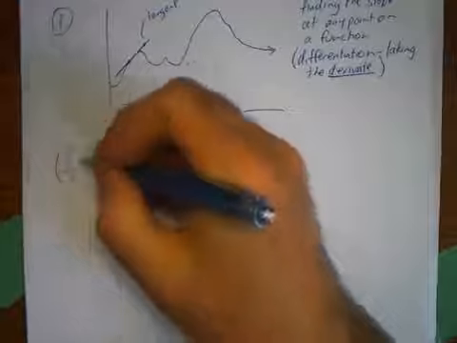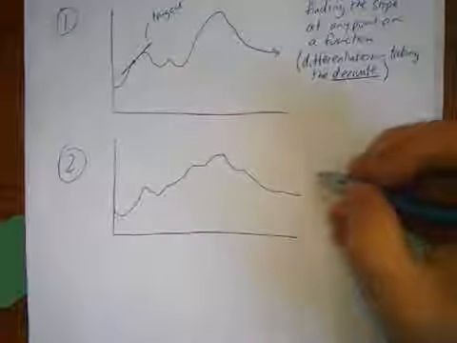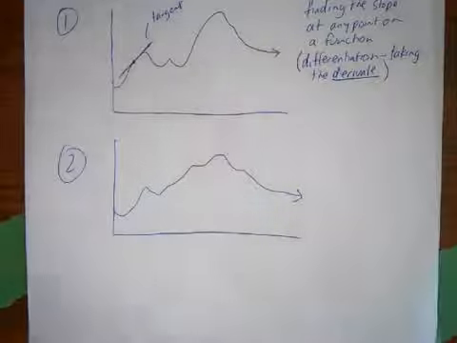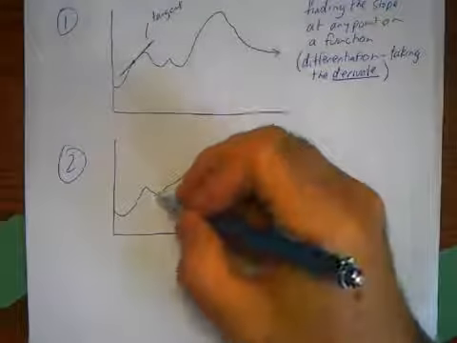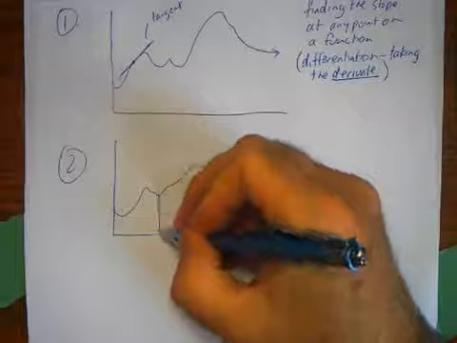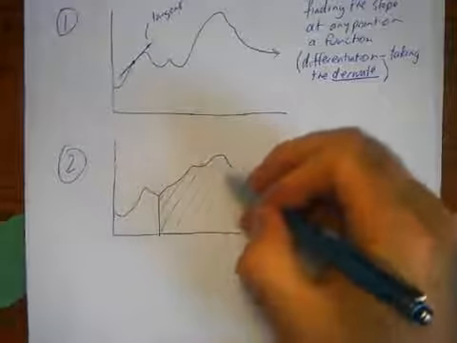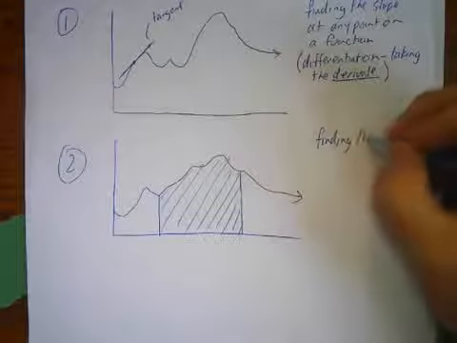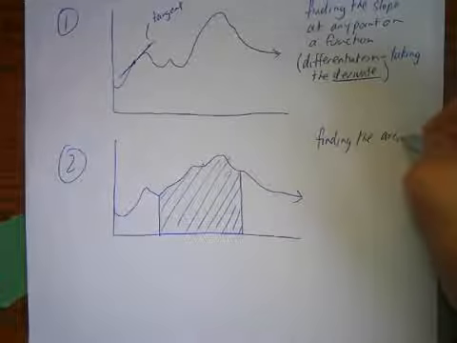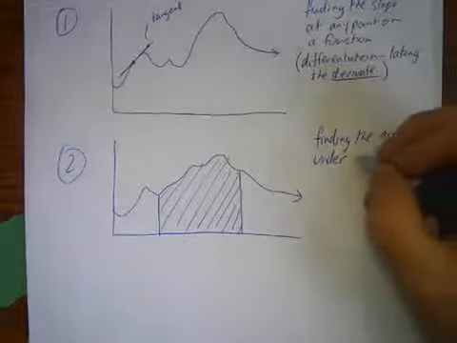The other part of calculus, well, it's not going to be exact, but I could take another function, and if I wanted, for some reason, to find the area between 2 points on that function, if I wanted to calculate the area under the curve, okay, that's the second area of calculus, finding the area under a curve or under a function.